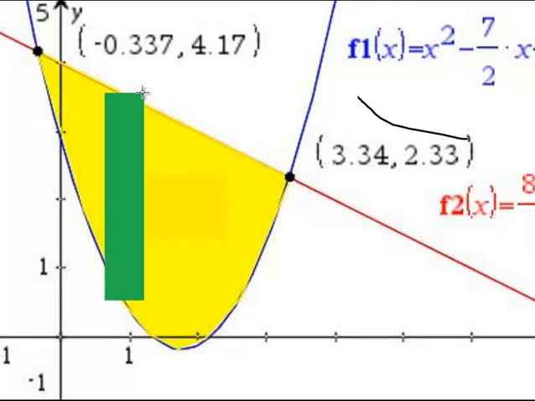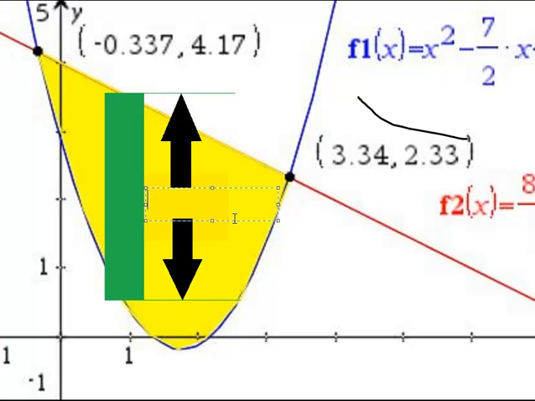Let's next focus on a single thin vertical rectangle and informally formulate its area. The area of a rectangle is height times width. The height of each thin vertical rectangle will be its upper y coordinate, f2 of x, minus its lower y coordinate, f1 of x. The width of each of the thin vertical rectangles will be an infinitesimal change in x, dx.